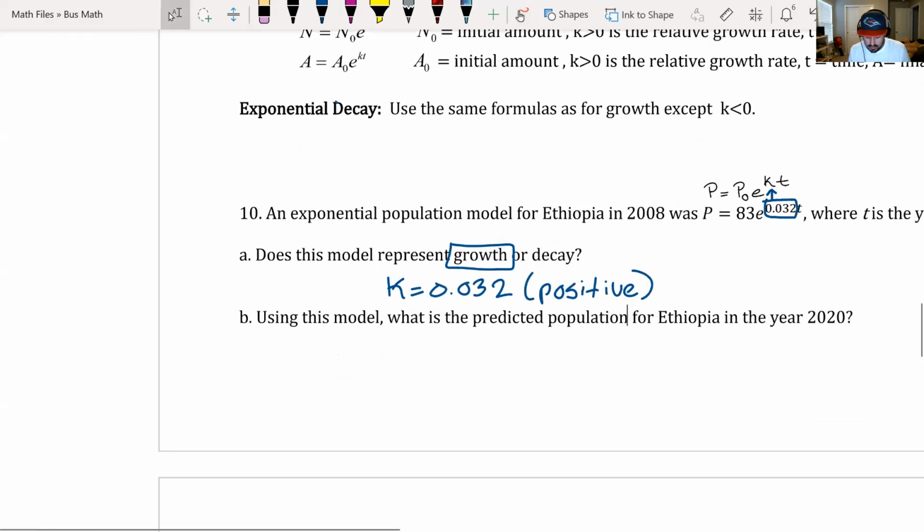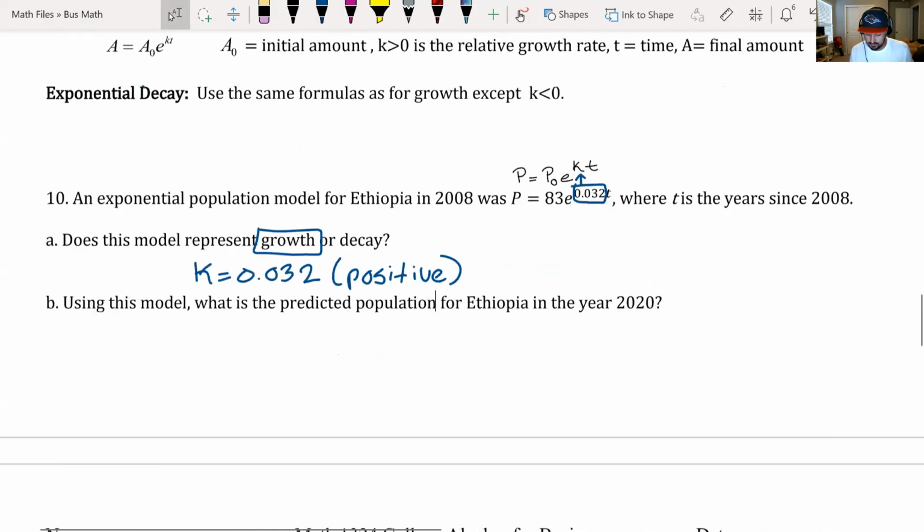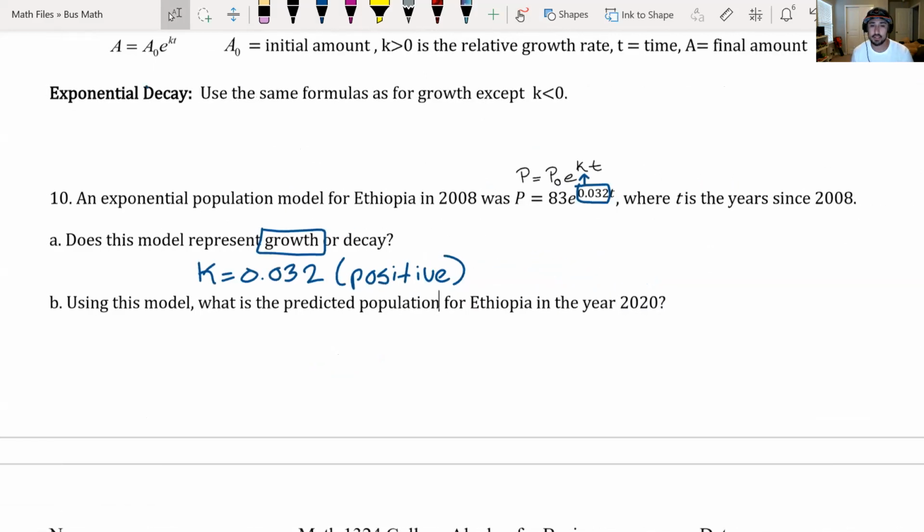Then it says, using this model, what is the predicted population for Ethiopia in the year 2020? Well, with that being said, T is the years since 2008. So what would you plug in for T if it's the year 2020? You would plug in 12, right?